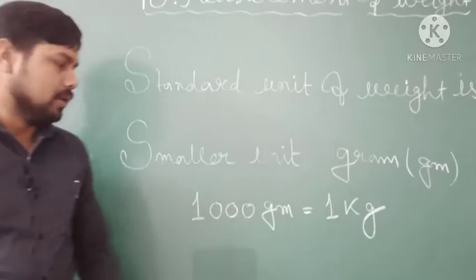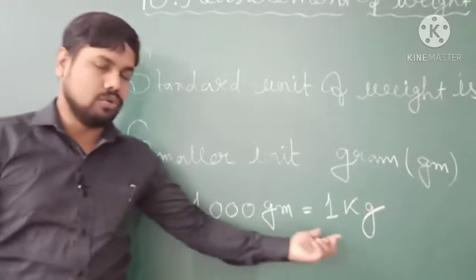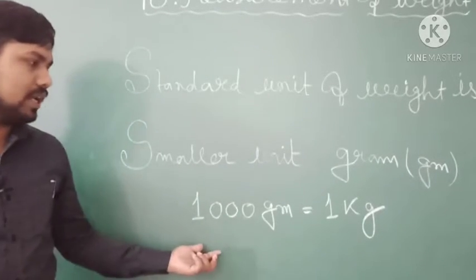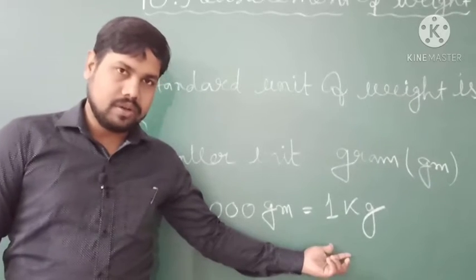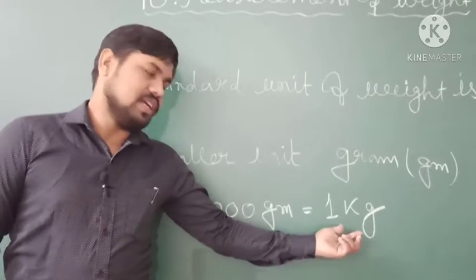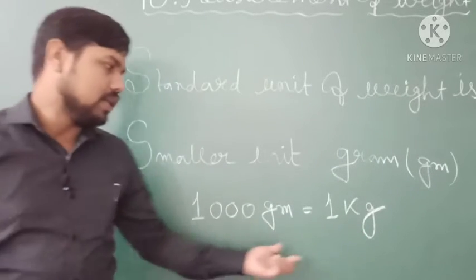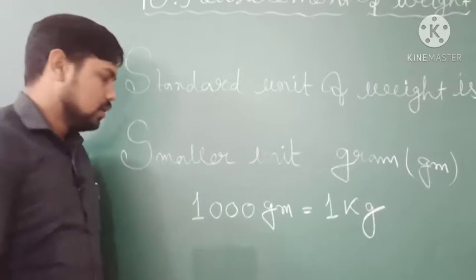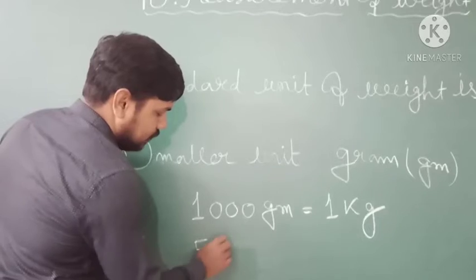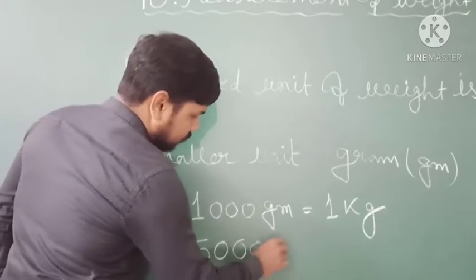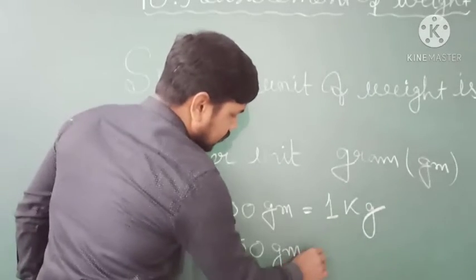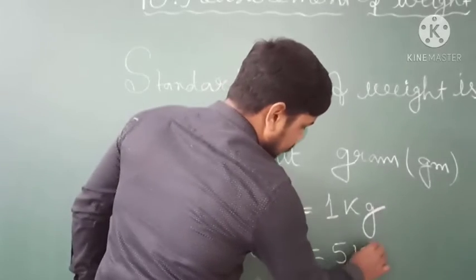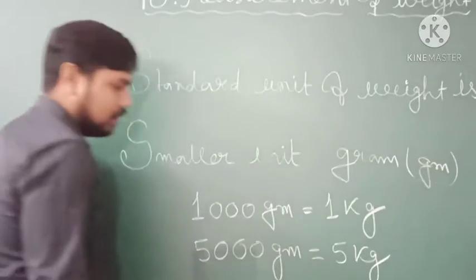So 2000 gram is 2 kilogram, and 7000 gram is 7 kilogram. Vice versa, from kilogram to gram, 9 kilogram is 9000 gram. If I write 5000 gram, that means 5 kilogram.